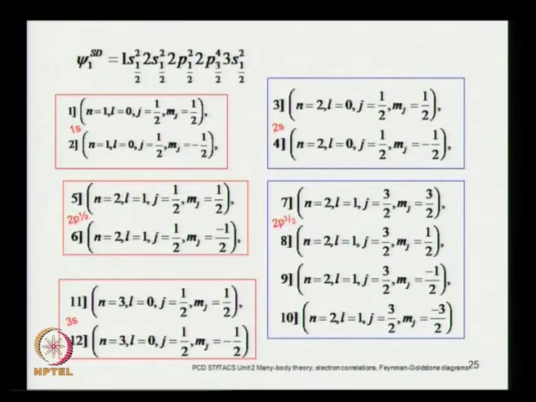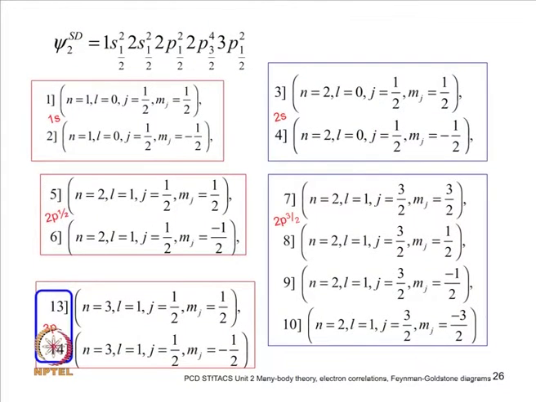When you talk about the second configuration, the 11th and 12th, electrons in those two states are effectively destroyed, and you create 2 in 3p 1/2, okay. So in the second configuration, instead of the 11 and 12, you have 13 and 14, that is what I was referring to, okay.